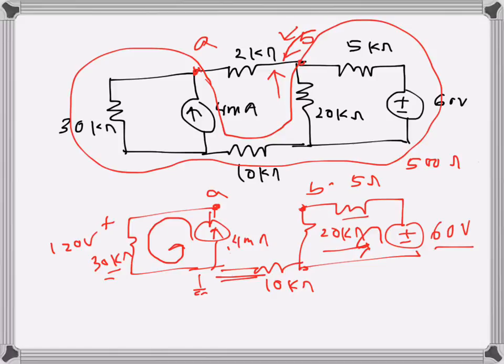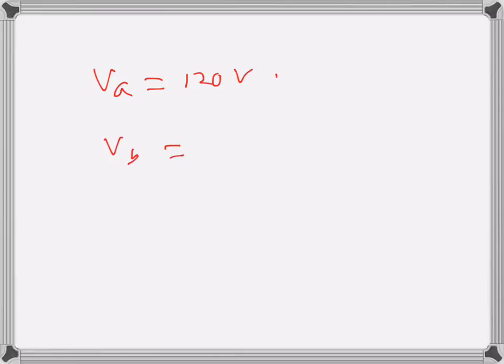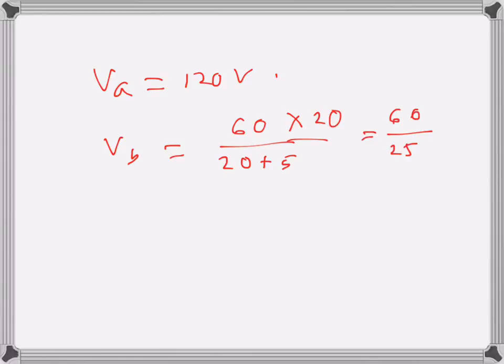So VB will be 60 divided by 20 plus 5 times 20. So 60 divided by 25 times 20. So that's 60 divided by 5 times 4. So 48 volts. So that will be VB.